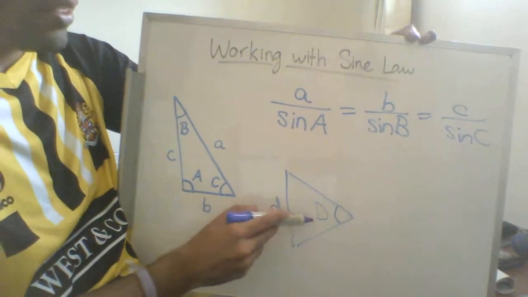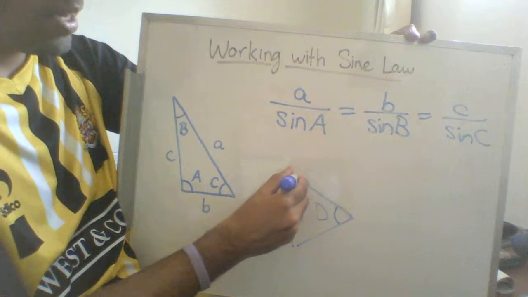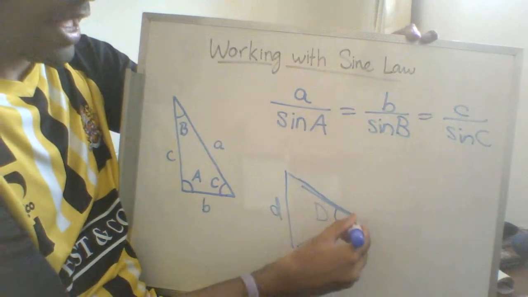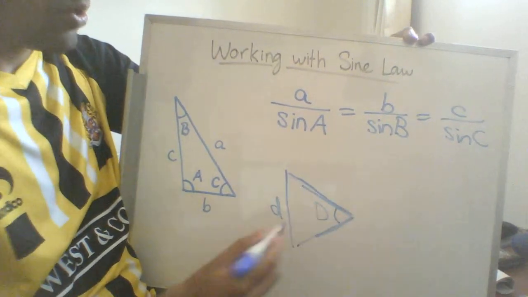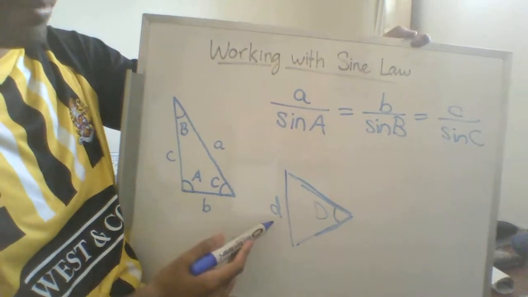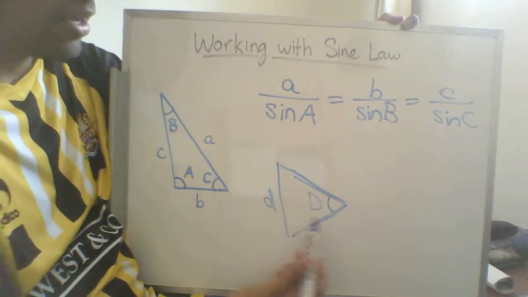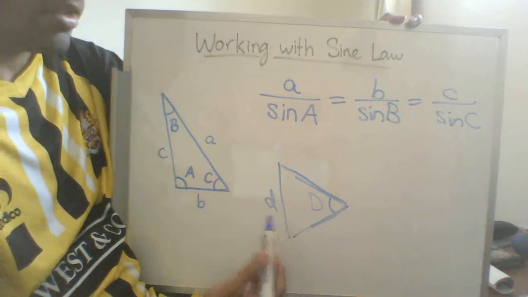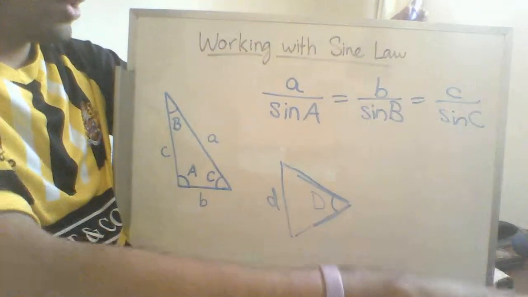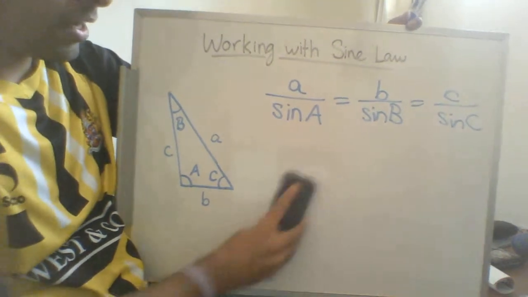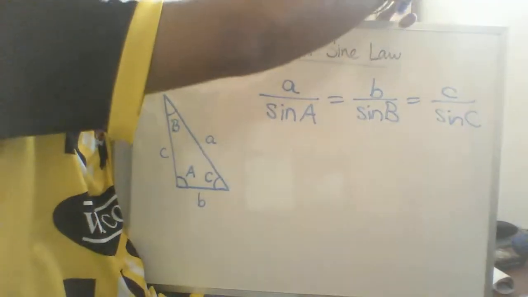This angle right here is made up from this side and this side, so neither of those is named small d. It'll be the last side in the triangle, the one farthest away from the angle with the corresponding name. That's how you're going to label all your triangles if you're working with sine and cosine law.